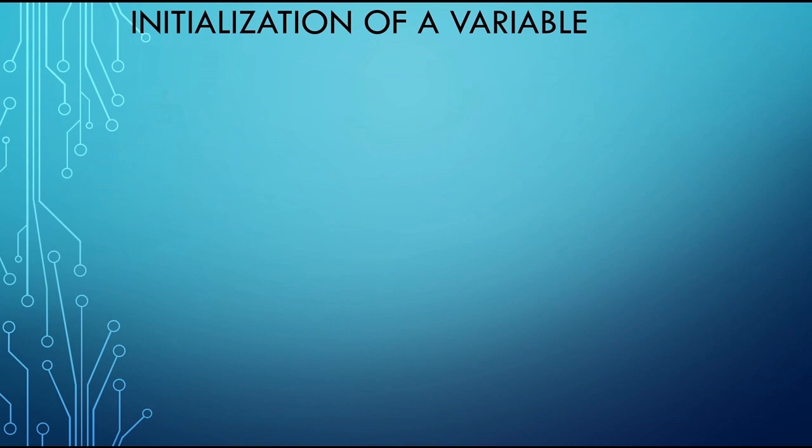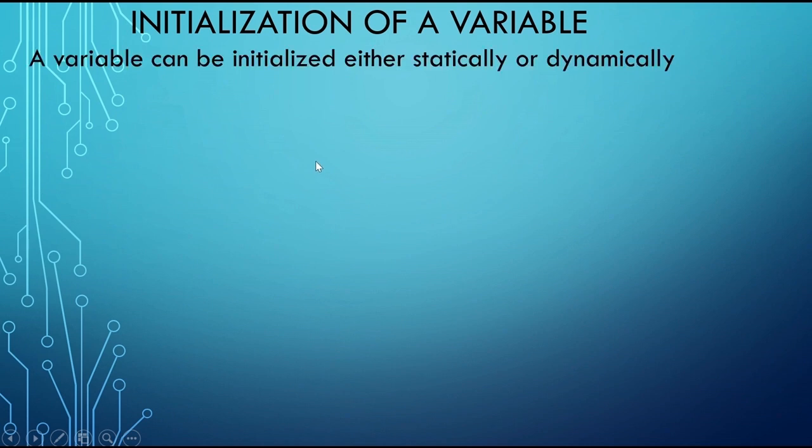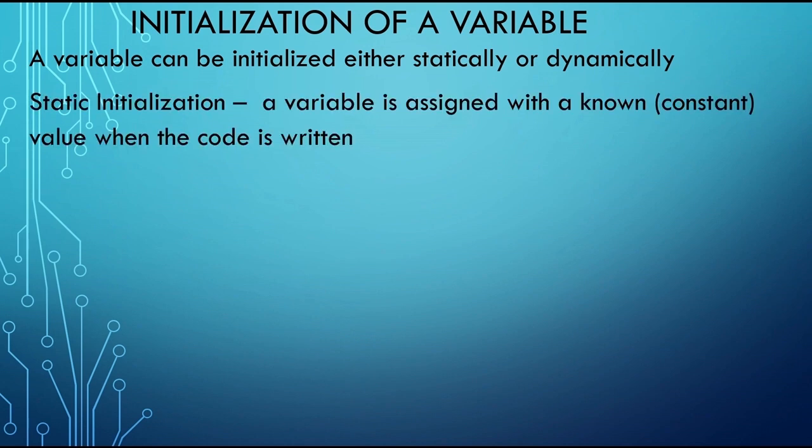Now we'll see how we can initialize a variable. There are two ways of initializing a variable. It can either be statically initialized or dynamically initialized. What does static initialization mean? When a variable is assigned a known, constant value when you write the code, that's called static initialization. Say something like a is equal to 500. So I know a is going to be assigned a constant value 500 when I write the code.